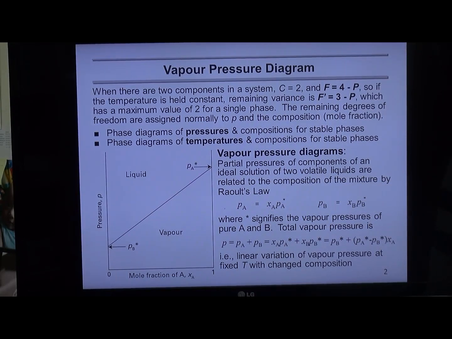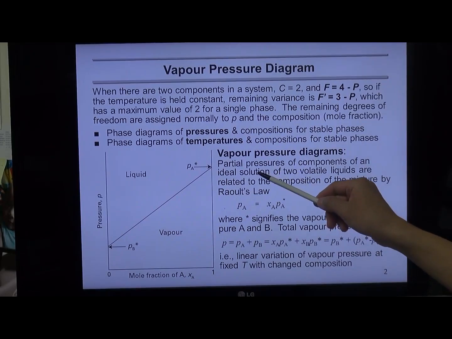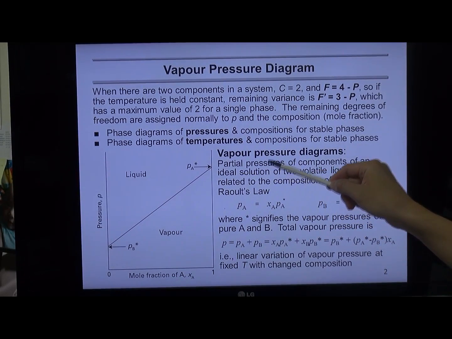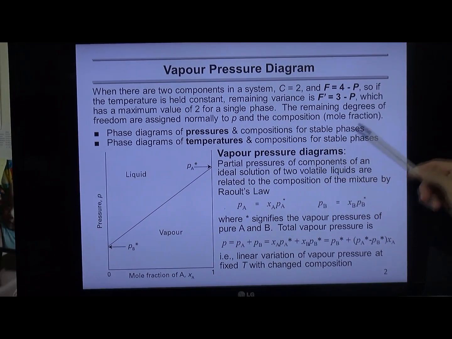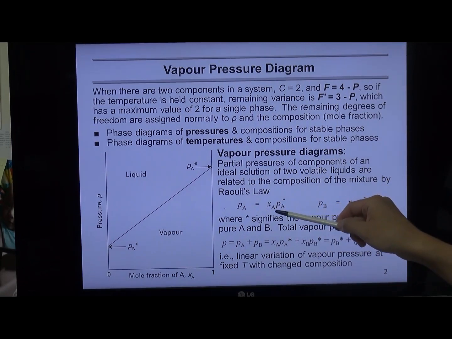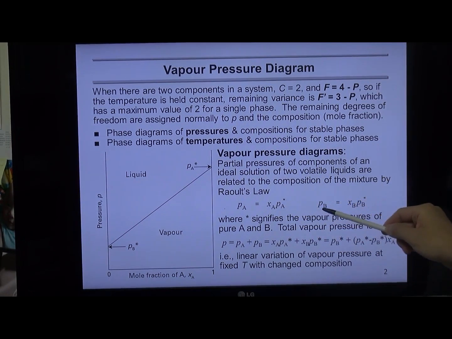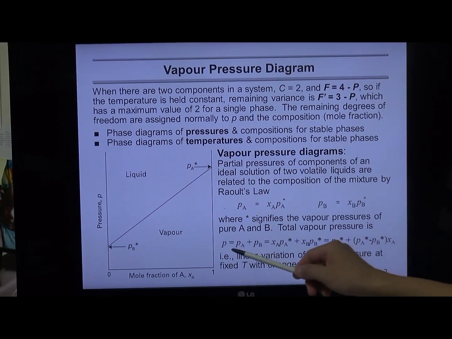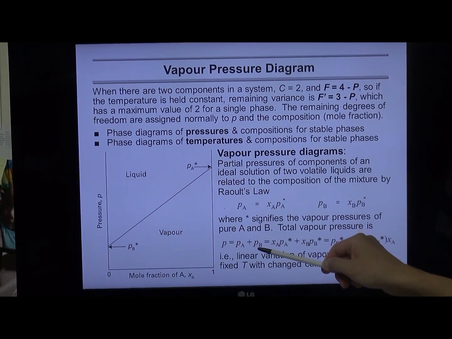Then, since this mixture is an ideal solution, both components A and B should follow Raoult's law, right? So PA should be equal to XA PA star, PB should be equal to XB PB star, right? Raoult's law. So total pressure of vapors should be equal to PA plus PB, right?